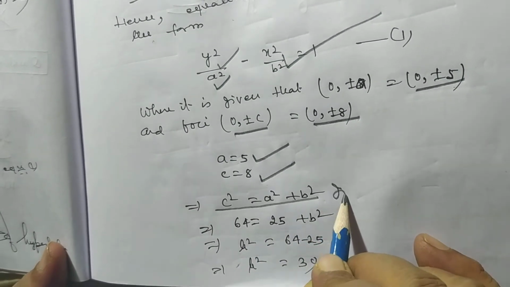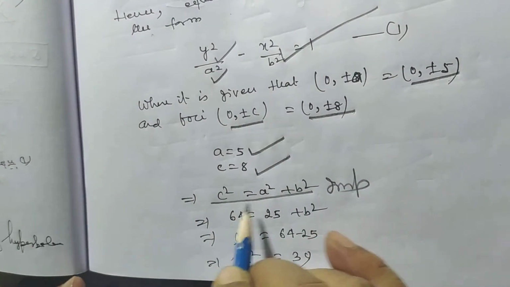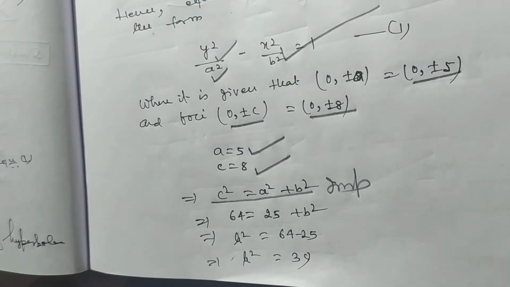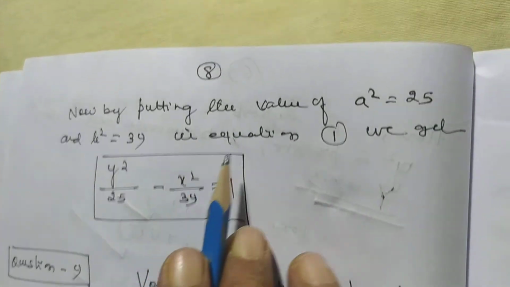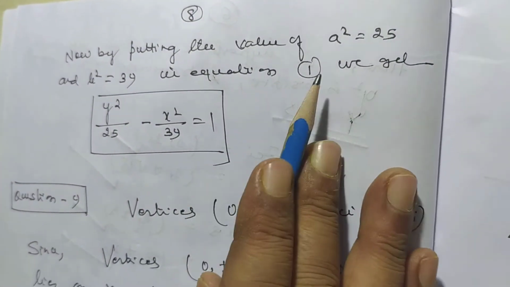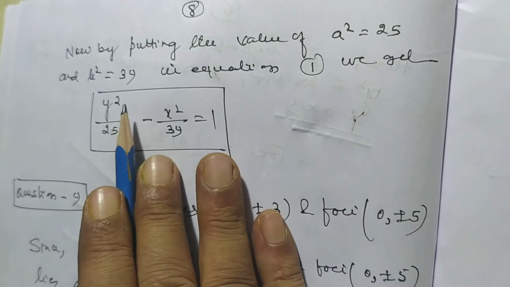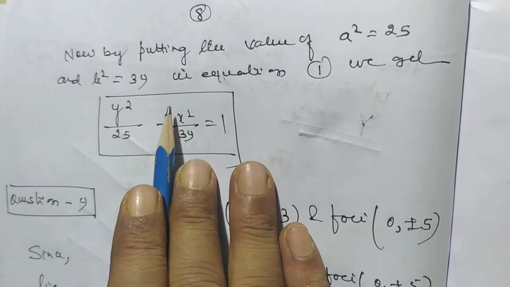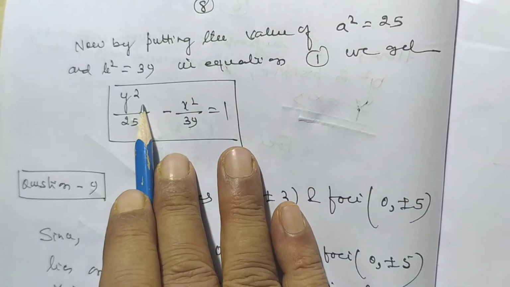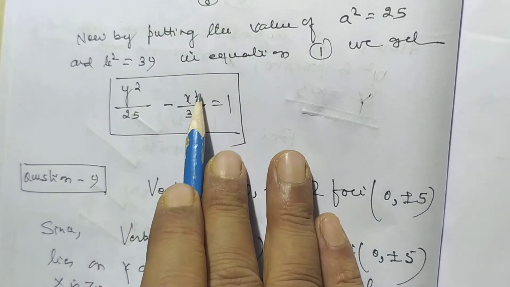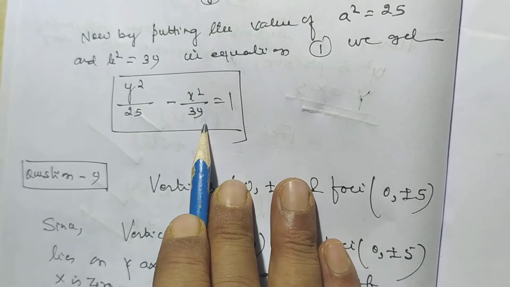This is an important formula. c square is equal to a square plus b square, and b square is equal to 39. So now by putting the value of a square as 25 and b square as 39 in equation first, we get y square by 25 minus x square by 39 is equal to 1.